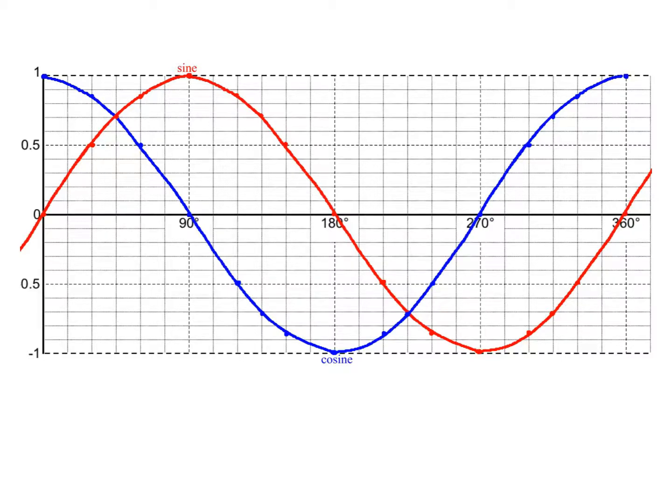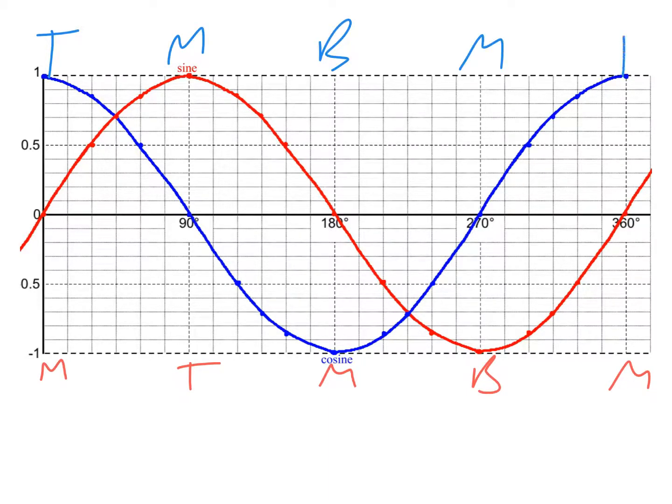So for sine, it goes middle, top, middle, bottom, middle. Cosine started at the top, and then it went middle, bottom, middle, top. So it's the same pattern, the same wave, the same shape, everything's the same about sine and cosine, except for where it starts.